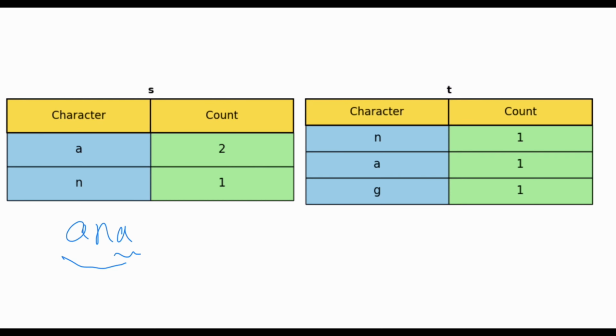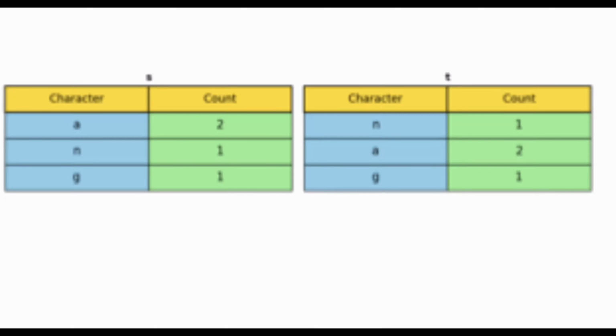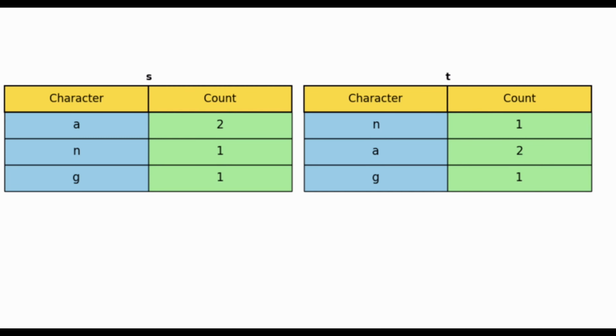And for the word t, the third character is G. Then we move to the next one, and the next character in anagram is G, and we put number 1 for this character, and for t we have character A, so we add 1 to the previous one and it changed to 2.